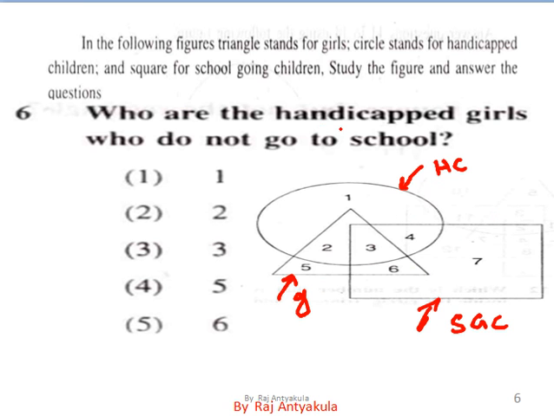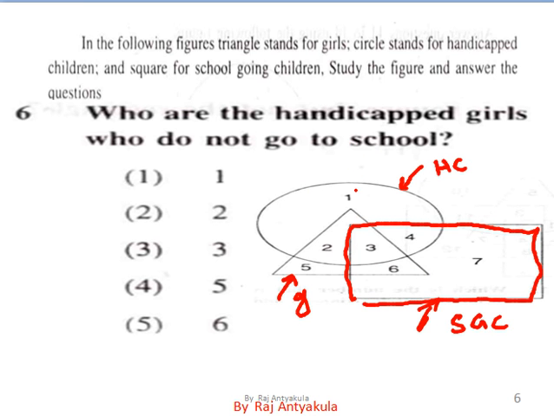Now what is given? Who are the handicapped girls who do not go to school? First of all, who goes to school? This part goes to school. Okay. Now whoever is in the square, they will go to school, but the question is who do not go to school and they have to be handicapped.